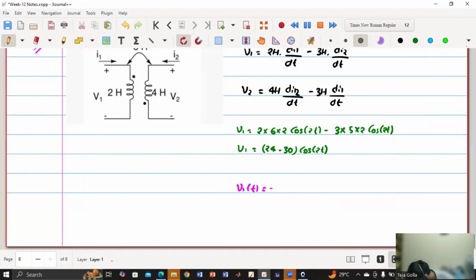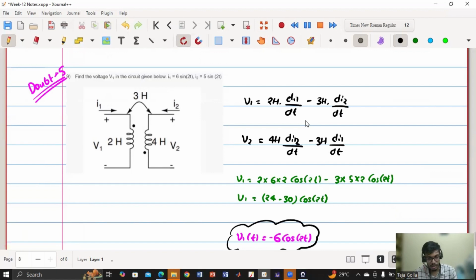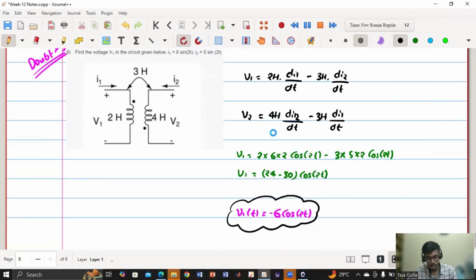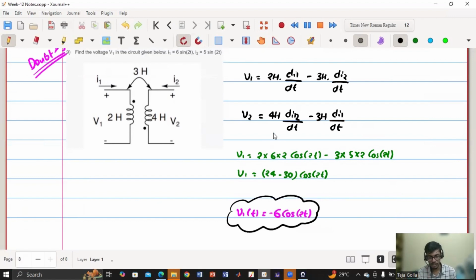You are getting this value only, right? But the answer was given in sine. Okay, then maybe they have made some mistake. Just mention it in the forum. Then I will forward it to the TAs so that they will consider it, add the score, or remove it.